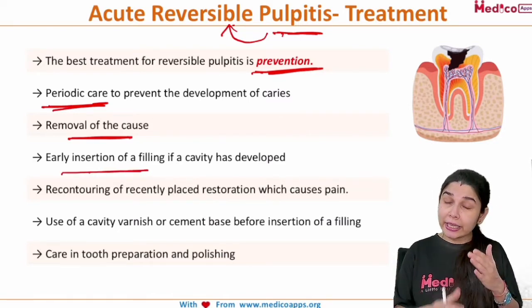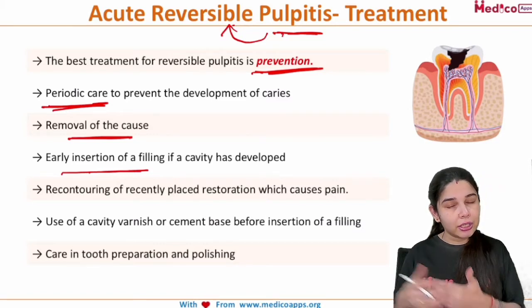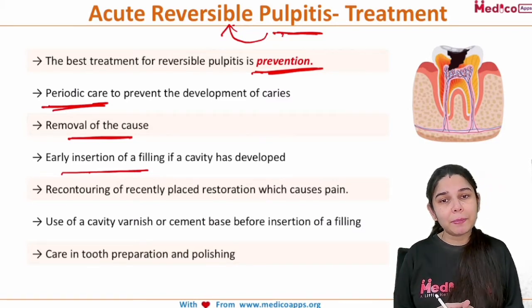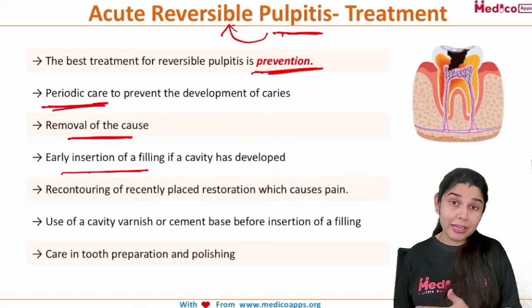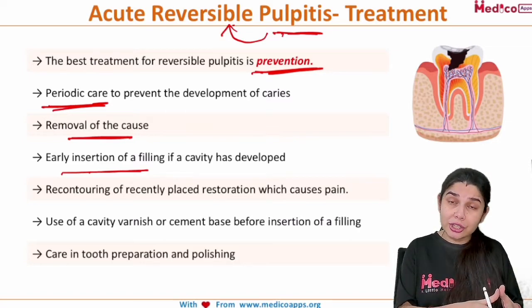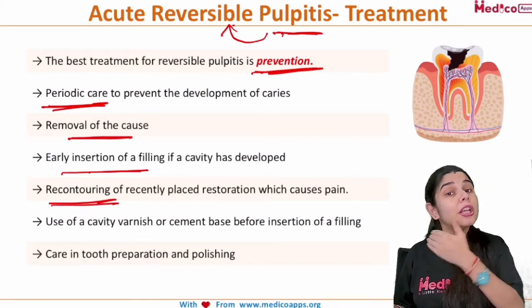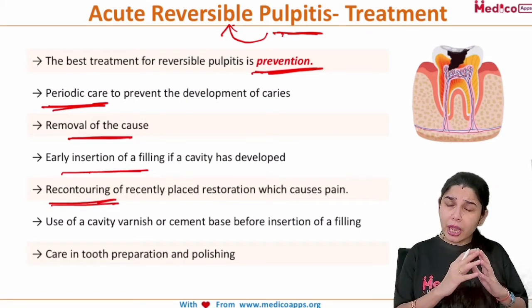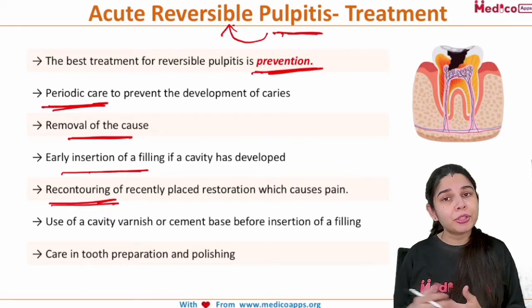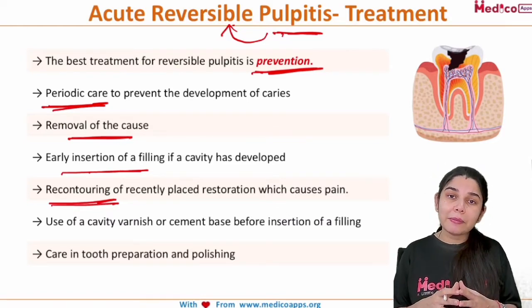Other than that, if we have done an initial restoration in the patient and the patient is having pain due to that restoration, we can go ahead with recontouring, asking the patient about the chief complaint. Along with that, what other options can be done? Other options are the use of cavity varnish or cement base.